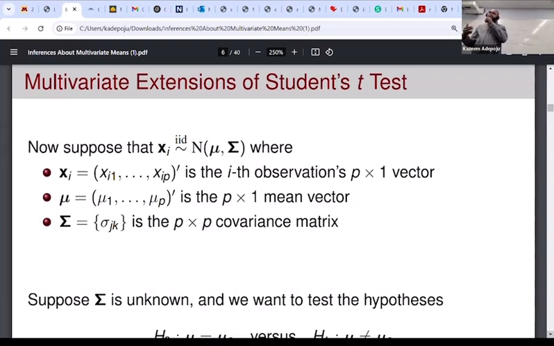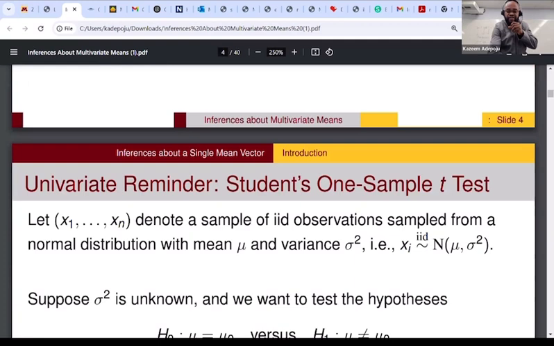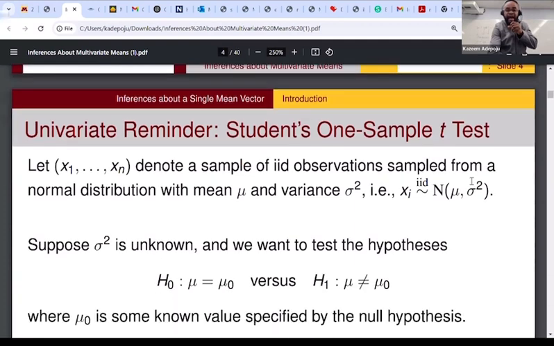Now we want to extend that to the multivariate case, a situation where we have more than one variable. Remember, when we started the univariate case, I said my xi is from a normal distribution.